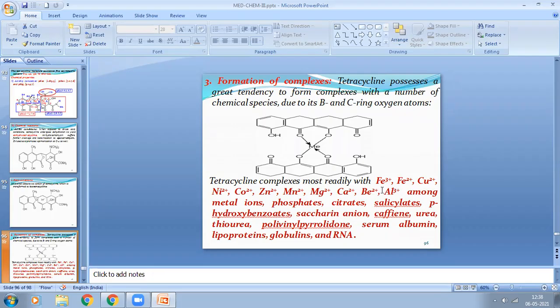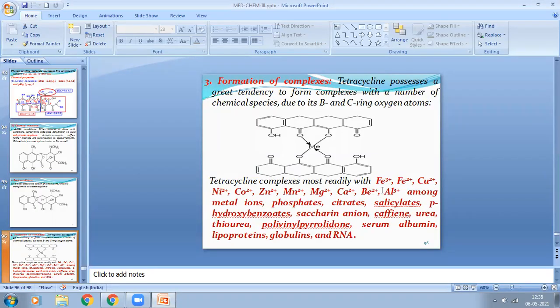So it will form complexes with the metals: iron, ferric or ferrous, cuprous, nickel, cobalt, zinc, manganese, magnesium, calcium, barium, aluminium, and other ions such as phosphate, citrate, salicylates, para-hydroxybenzoate, saccharin anion, caffeine, urea, thiourea, polyvinyl pyrrolidone, serum albumin, lipoproteins, globulins, and RNA molecules.